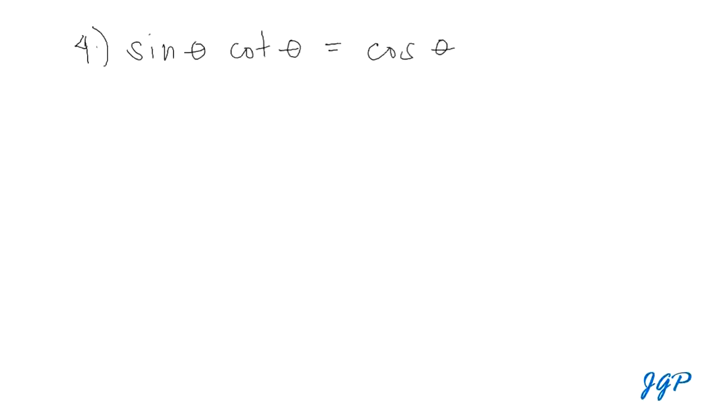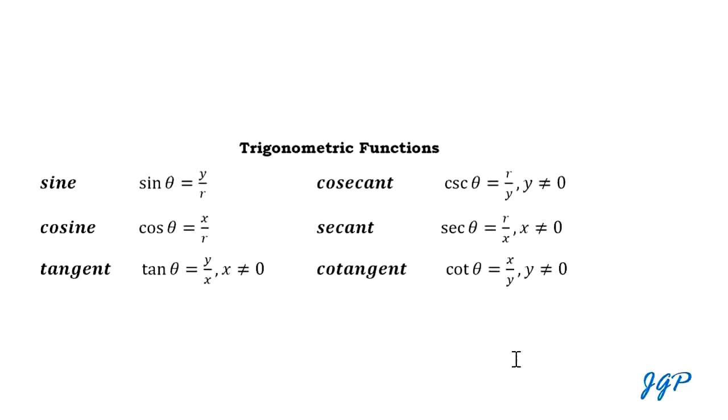Number 4, sine theta times cotangent theta is equal to cosine theta. So mas simple yung nasa right side of our equation, so we will remain cosine theta. Ang babaguhin lang natin is yung sine theta, cotangent theta. We all know that sine theta is equal to y over r, and for the cotangent theta, ito yung value niya, x over y.